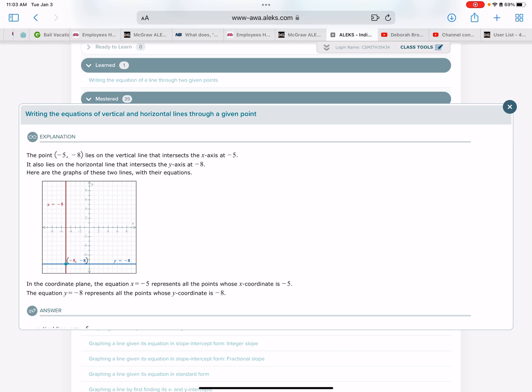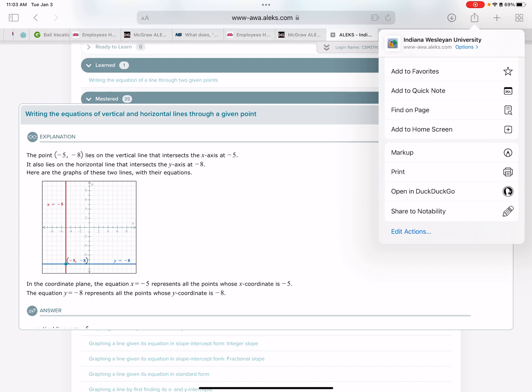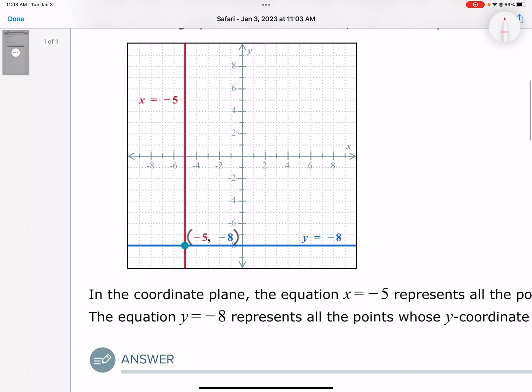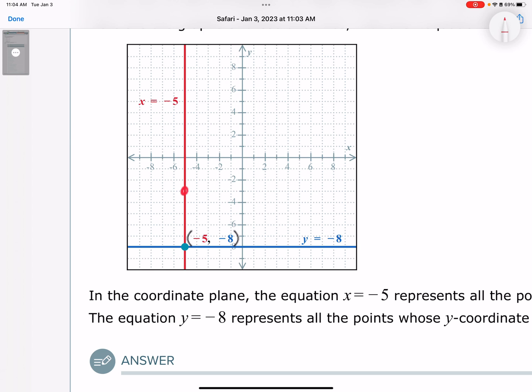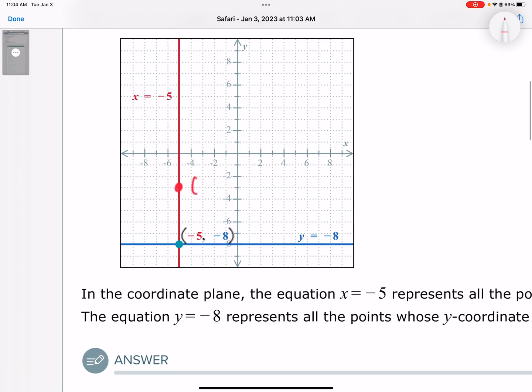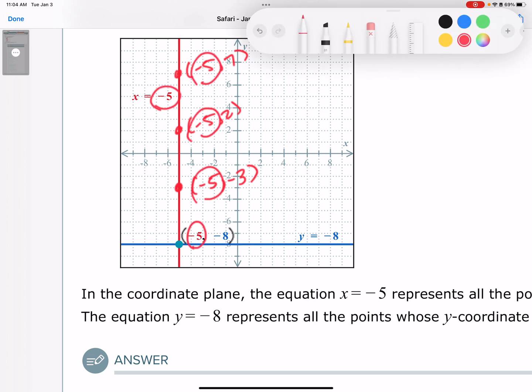Let me do one little explanation here for you. Hope it's helping you, not hurting you. If you notice on the red line, let's choose a random point. This is -5, comma, -3. Another point, -5, comma, 2. This is -5, comma, 7, etc. But what do you notice about x? x is always -5 on that line.